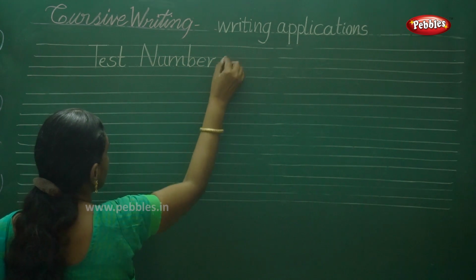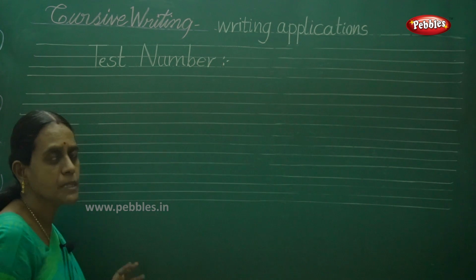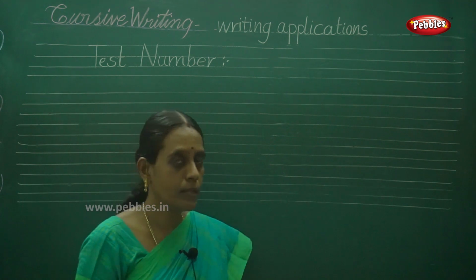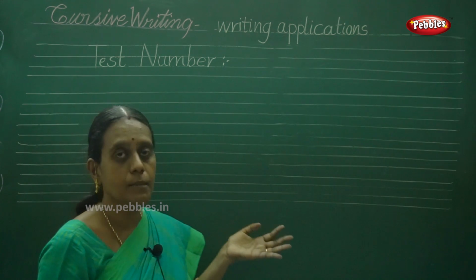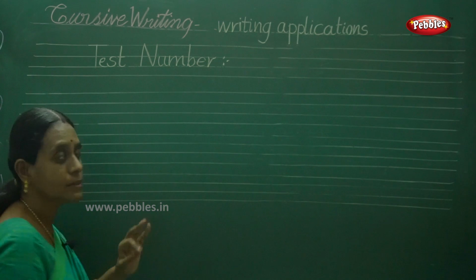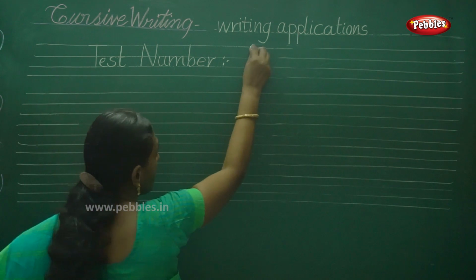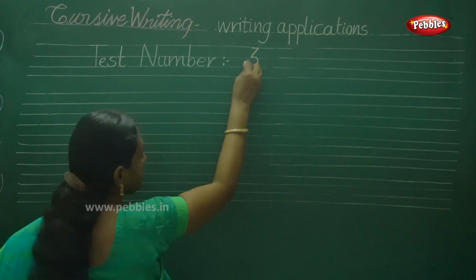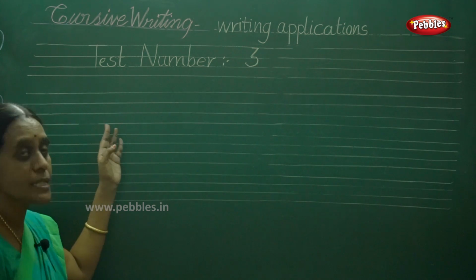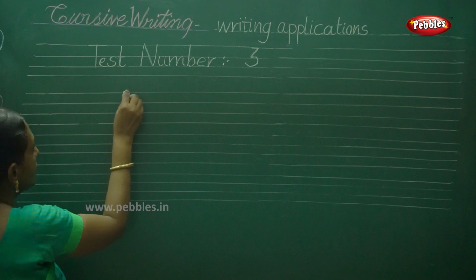For example, this is a science test, so science test number 1, or the third test, so you have to write test number 3. Okay, then next the subject name.